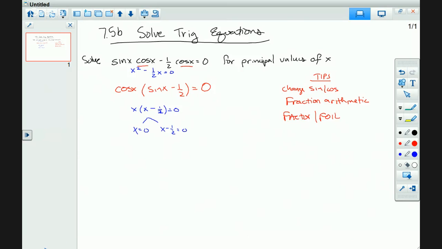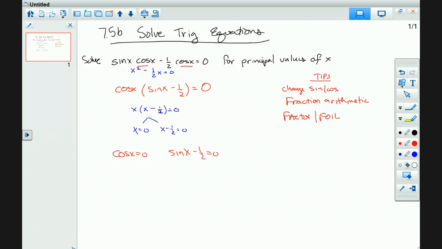Okay, so that's what we need to do. So this would be any 2 items, one of these has to be 0 for them to multiply to 0, right? So that's the same thing we're going to do here. Okay, so we got sine x or cosine x equals 0, and sine x minus 1/2 equals 0. So there are actually two answers, maybe more.